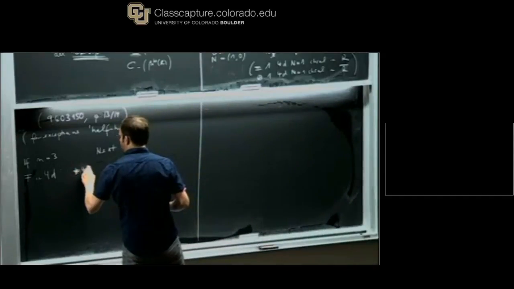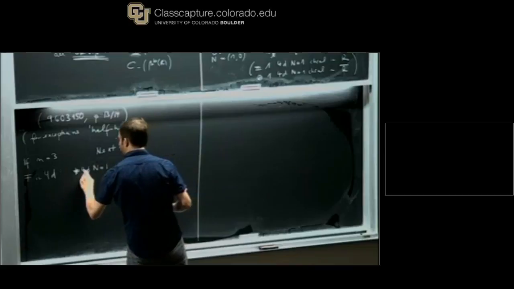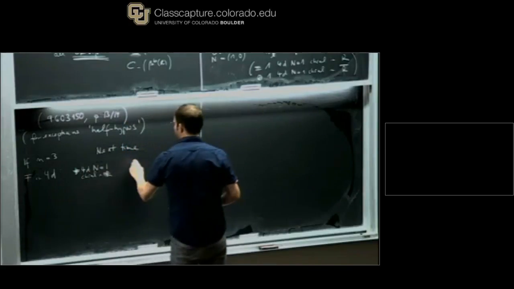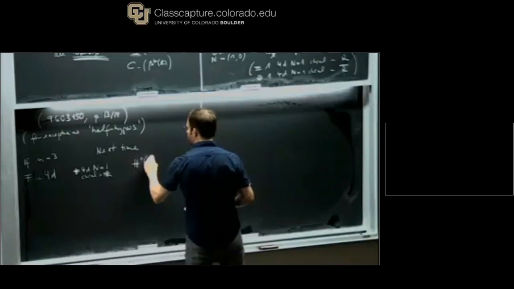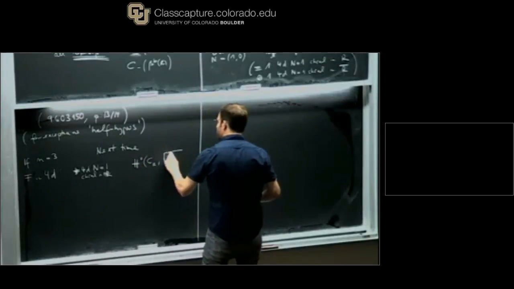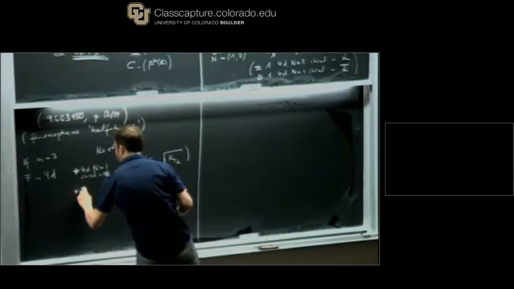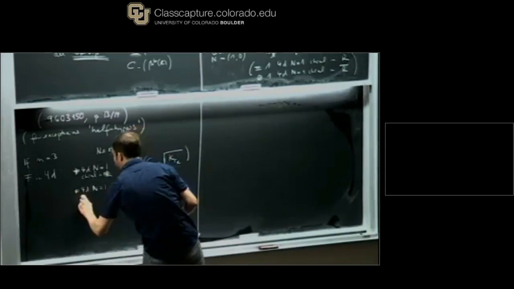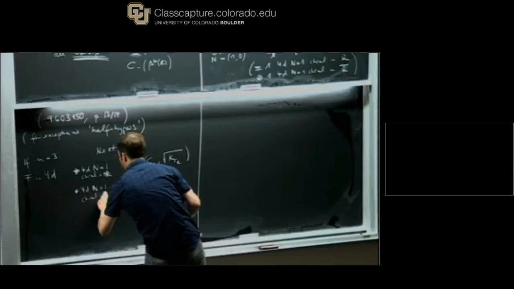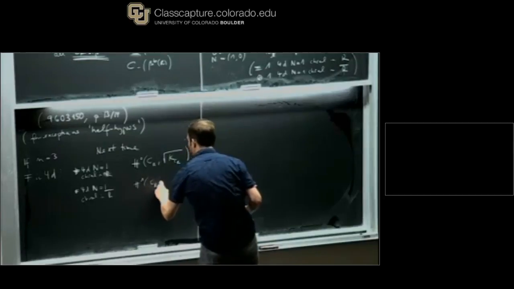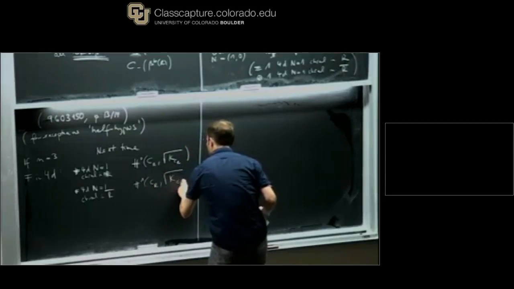So we have a number of 4D N equals 1 chiral multiplets in representation R. This is given by the cohomology group H0(C_R, square root of K_CR), and the number of 4D N equals 1 chiral multiplets in R bar is given by H1(C_R, square root of K_CR).